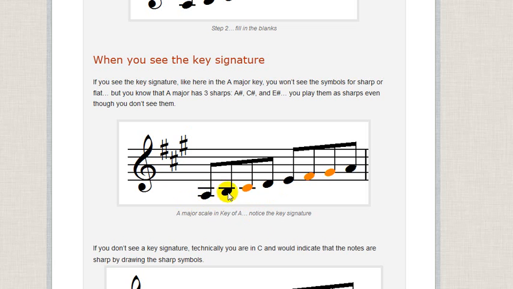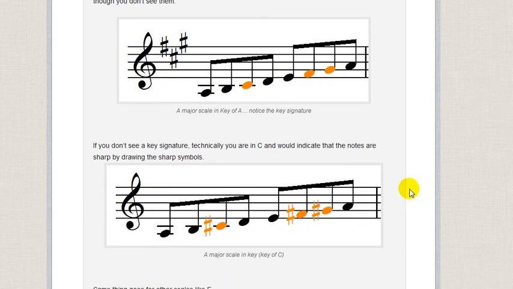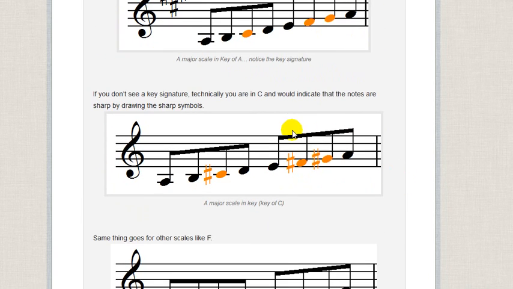So A, B, C sharp, D, E, F sharp, G sharp, A. And if you don't see a key signature, then technically you're in C, and you would have to indicate, if you want to play the A major scale over C for whatever reason, A, B, C sharp, D, E, F sharp, G sharp, A. Alright?